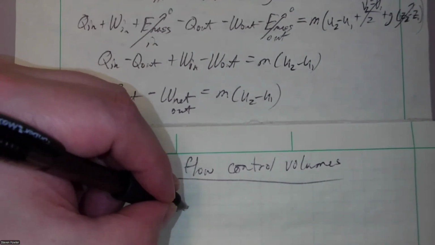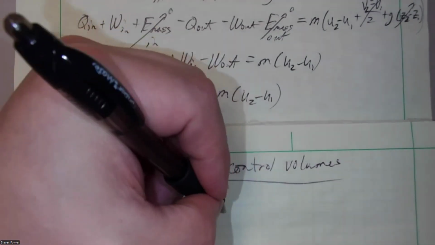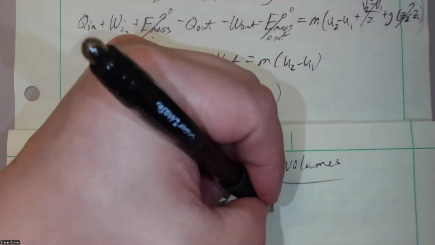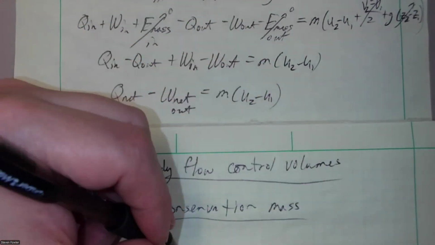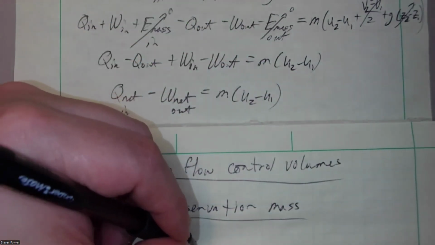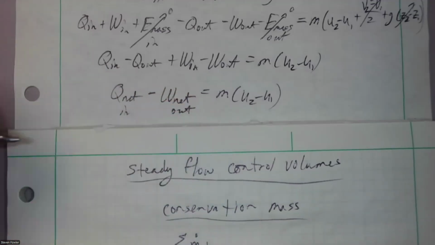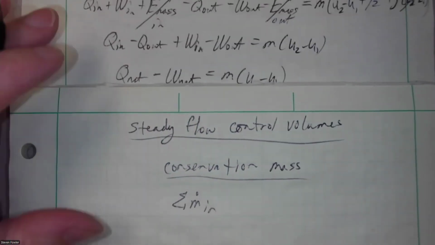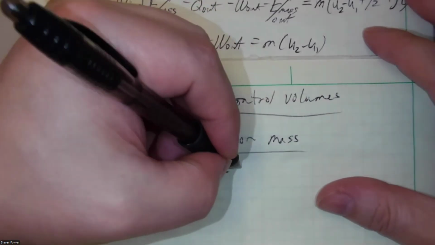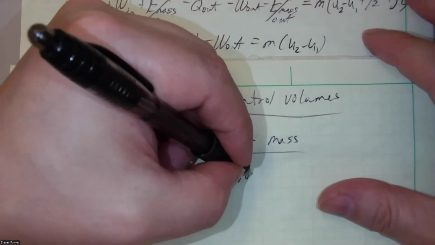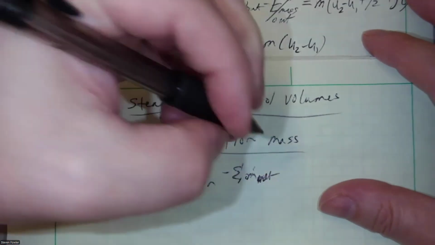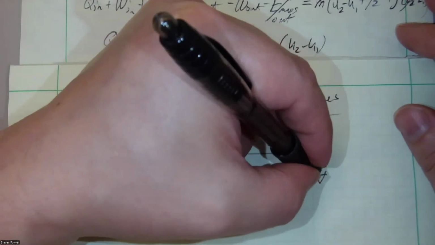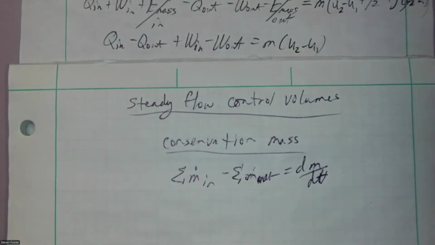Now, because I've got control volumes, if I introduce conservation of mass, that is if I add up all of the mass flow rate coming into my system, and I subtract all of the mass flow rates going out of the system, that equals the change in the mass for my system with respect to time. Again, in minus out equals change.